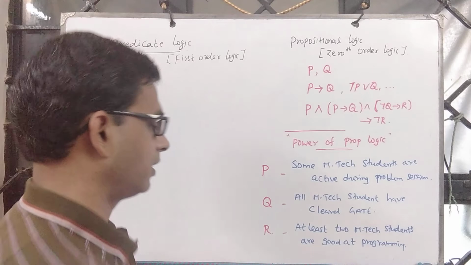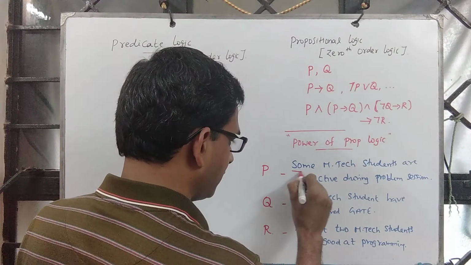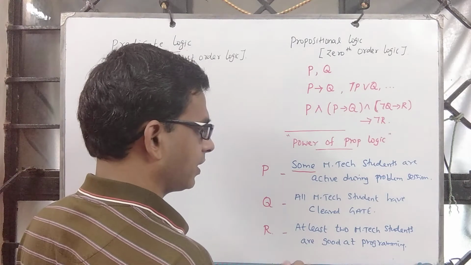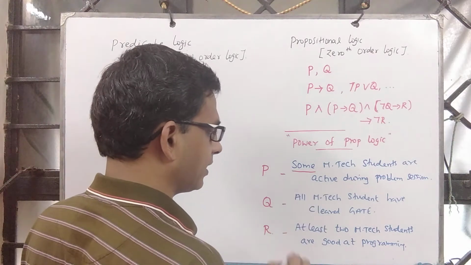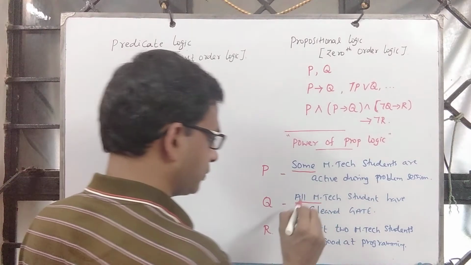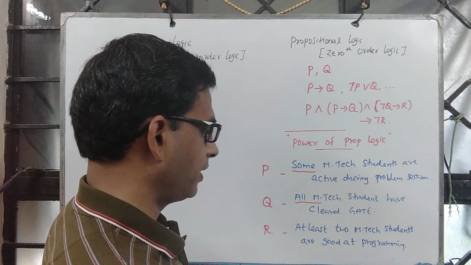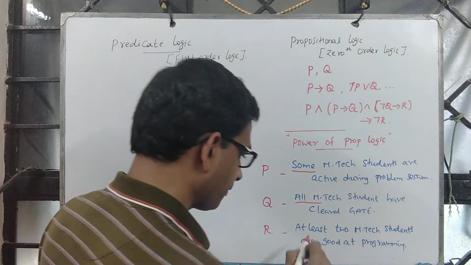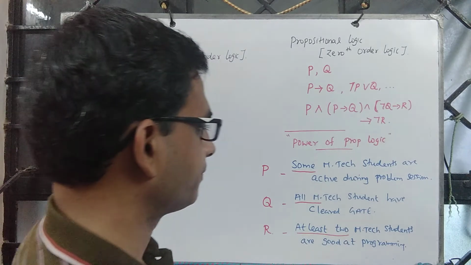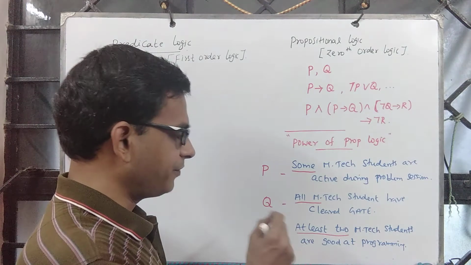For example, if you focus on this word some, it has a meaning which is crucial at some places. Similarly, all MTech students, all plays a role in some context. Similarly, in this it is at least two, so they are like quantifiers.